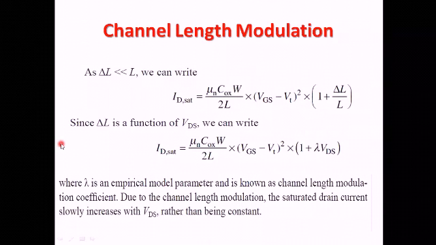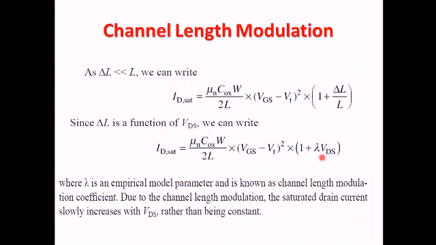Now you see that as ΔL is a function of VDS, we can say that ID saturation is equal to μn Cox W by 2L into (VGS minus VT) whole square into (1 plus λVDS).